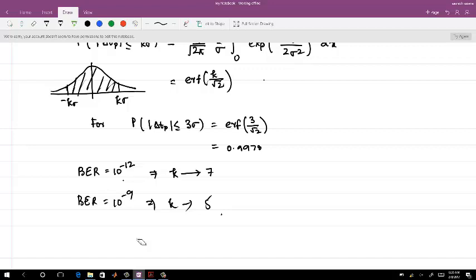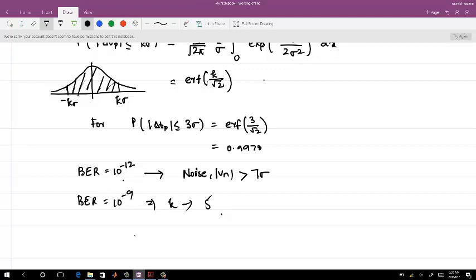That statement, that we need K to be 7, is not the right statement. So what the statement should be is that for a bit error rate of 10 power minus 12, the noise amplitude, mod of Vn, should be greater than 7 sigma.